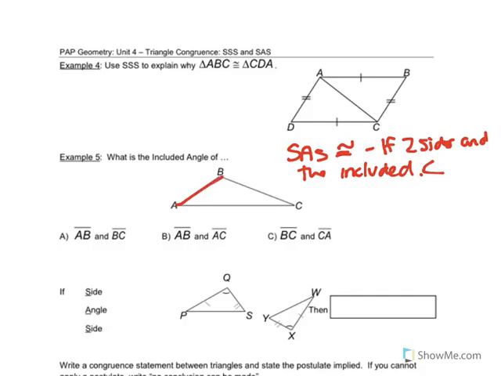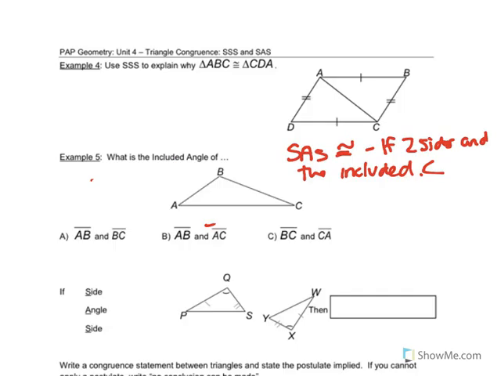If we're talking about AB and BC, you see here's a side, and here's the angle, the included angle, side angle side. If we were to look at this picture and we had a side, and then the angle over here, that's going to be side angle. And you know what we have to say about that? That is bad, can't be used. So we're talking about the included angle in this postulate.